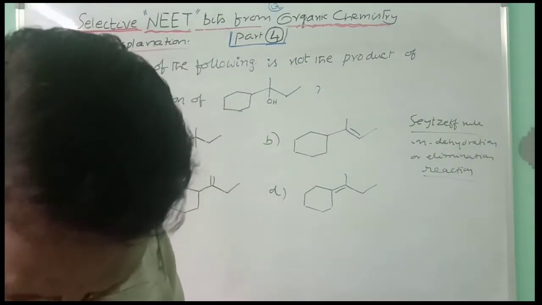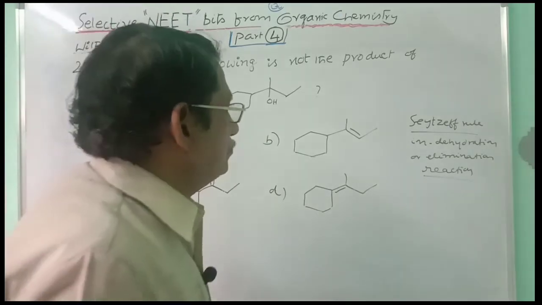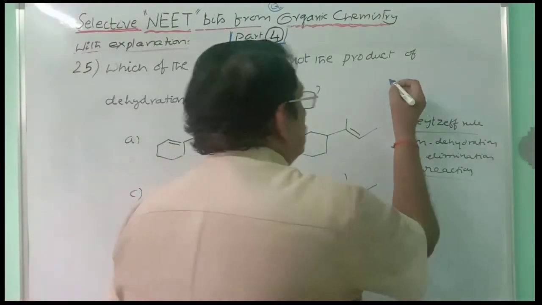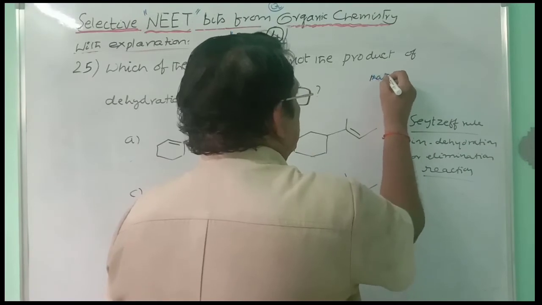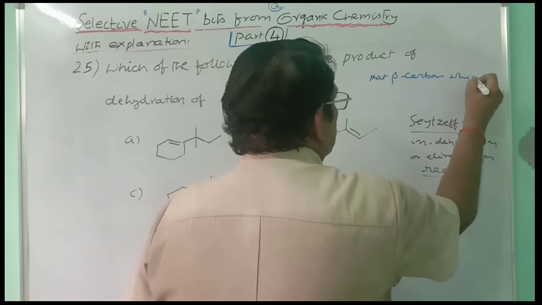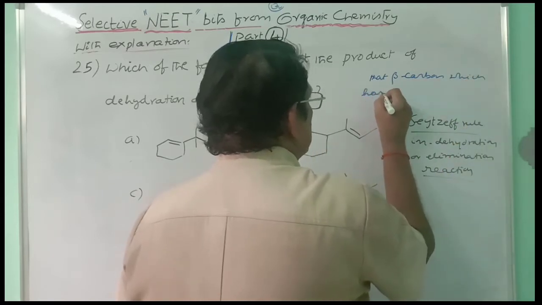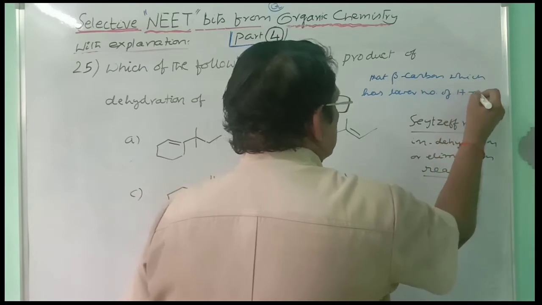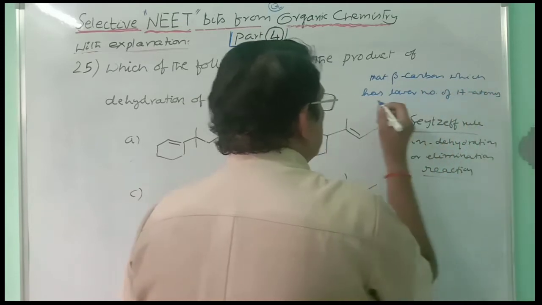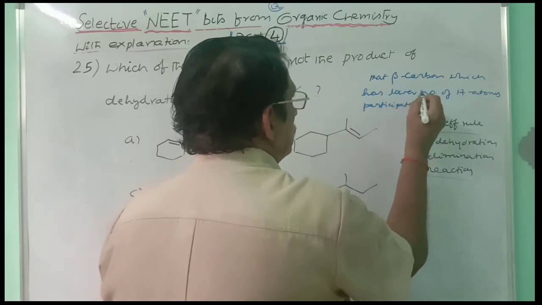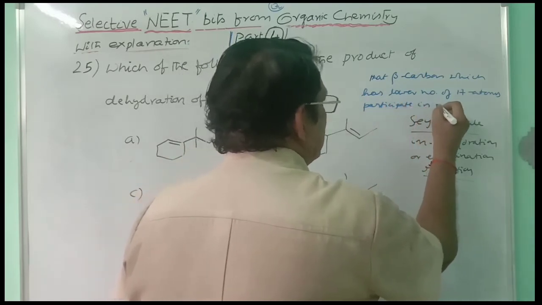In the elimination reaction, that beta carbon which has a lower number of hydrogen atoms participates in the elimination reaction.